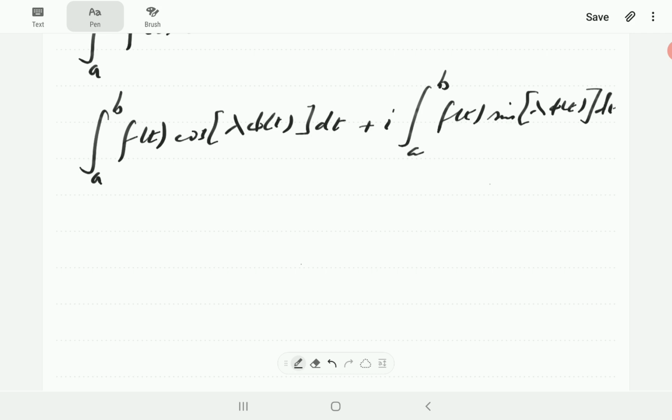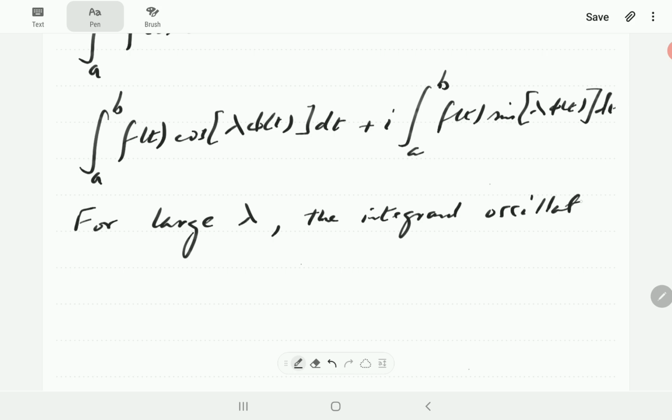So as lambda becomes bigger and bigger, the function is going to oscillate rapidly. So for large values of lambda, the integrand oscillates rapidly in the interval a to b.